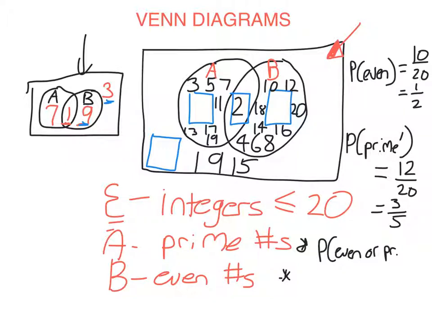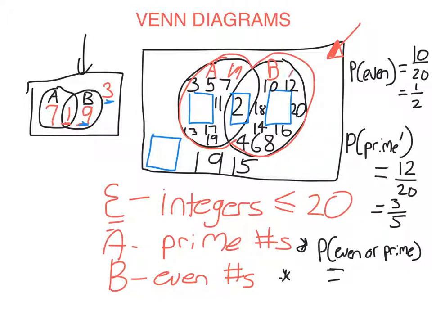Now, as I explained in a previous video, I want you to assume every time I say or, I mean inclusive. So when I say probability of even or prime, I mean the probability the number is even, is prime, or is both. So we can get that from the Venn diagram. All the numbers that are even or prime, one or the other or both, are all the numbers inside the circles.